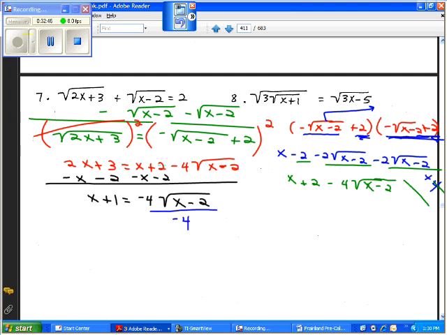Now we're going to undo multiplication by division. We could distribute it, or we can leave it like that. Let's just leave it like that.